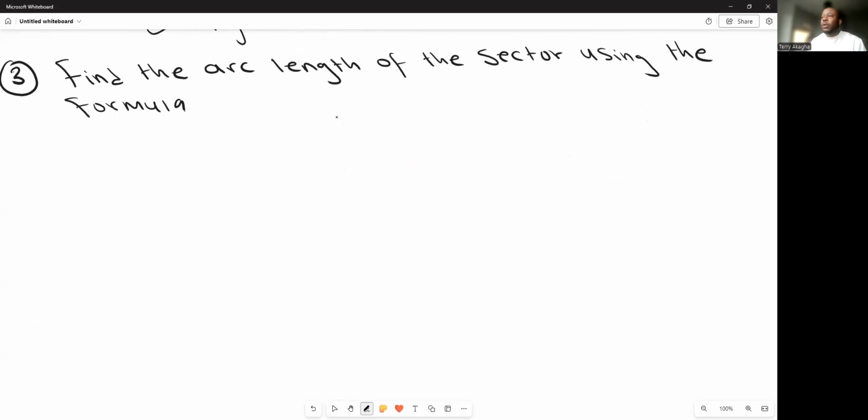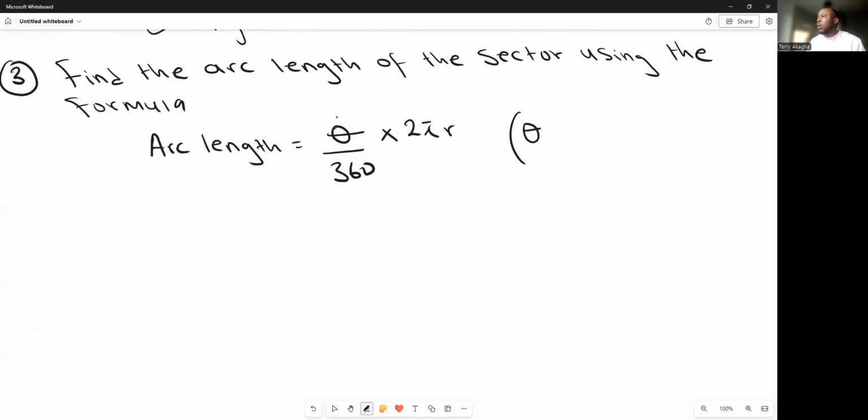So if theta was in degrees, the arc length will be equal to theta over 360 times 2 pi r. So if theta was given to you in degrees, or you're working with theta in degrees, you use this to get the arc length.